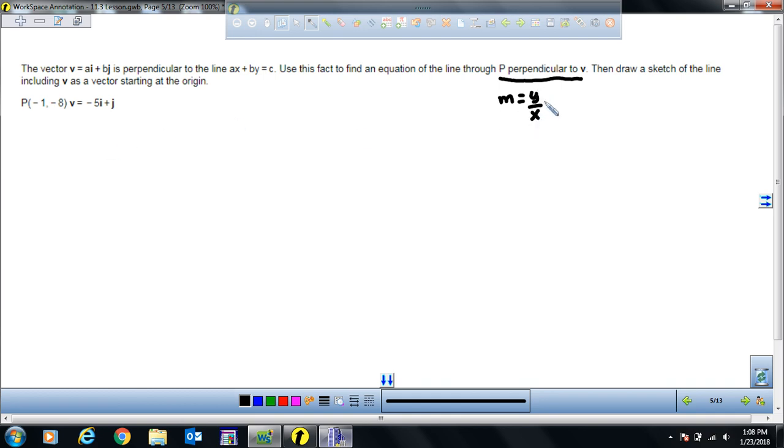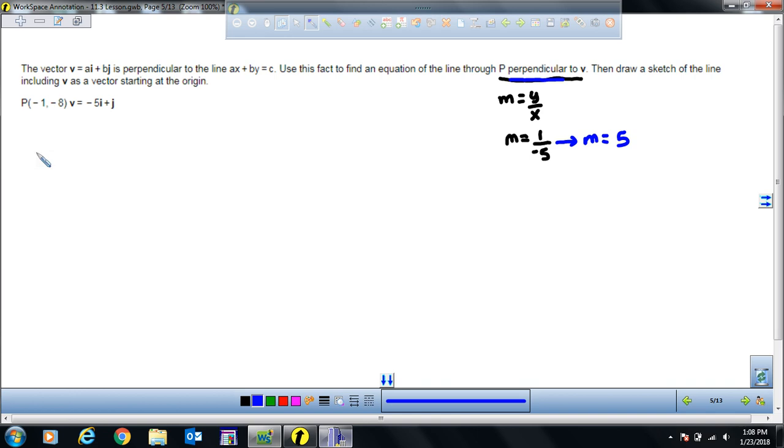So the Y is 1 and the X is -5. This is the slope of the vector V, but I want it to be perpendicular. Perpendicular means that the slope has to be the negative reciprocal slope. The negative reciprocal of -1 over 5 would be +5. So that's the slope of the line that we're looking for.